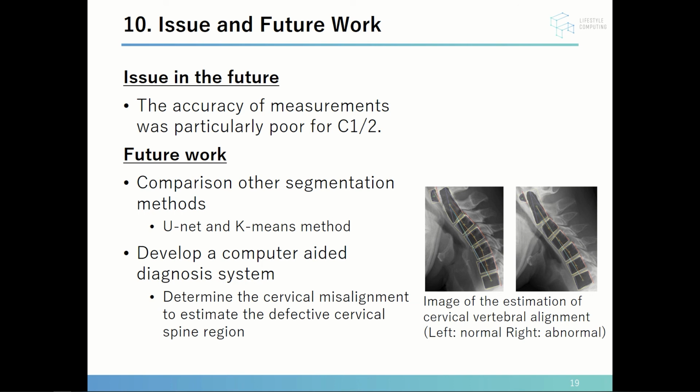In the analysis of cervical X-ray measures, attention should be paid not only to the Cobb angle but also to normal alignment of the cervical spine. We will see if we can determine the cervical misalignment to estimate the defective cervical spine region, like those figures.